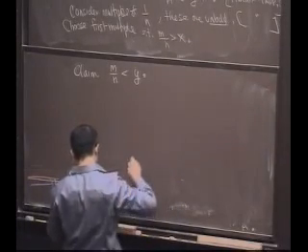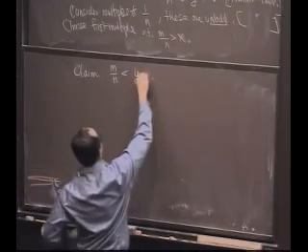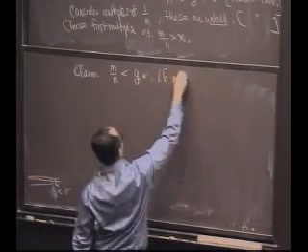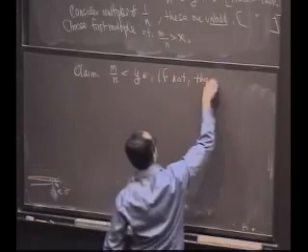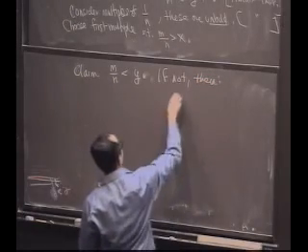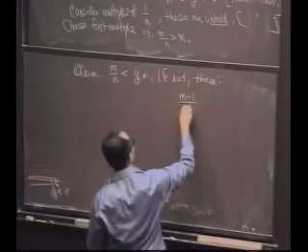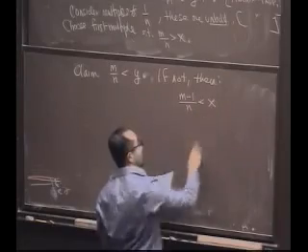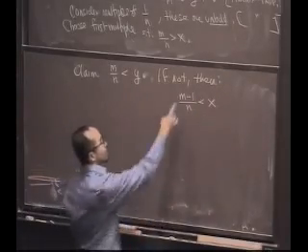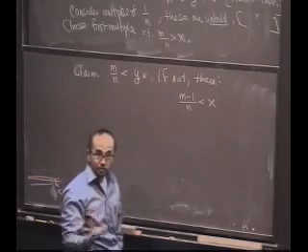Why is that? If not, then what would we have? We would have the following inequalities. We'd have m minus 1 over n is less than x, agreed, because m over n is bigger than x, and it was the first one to do that.